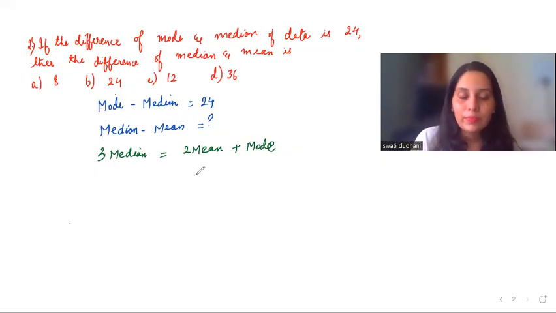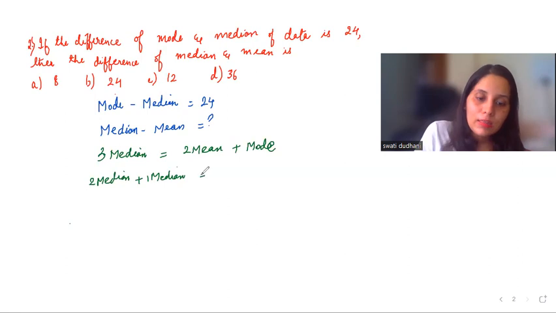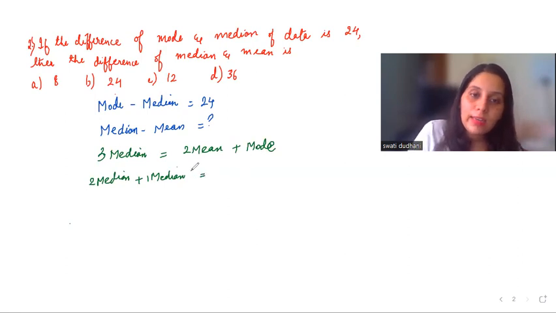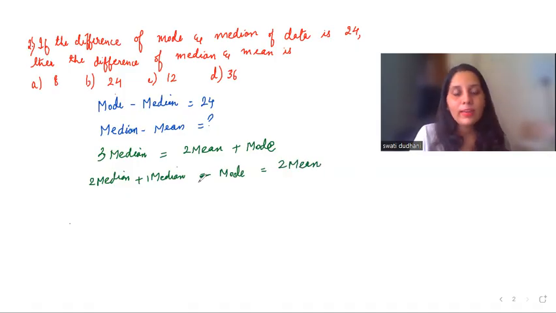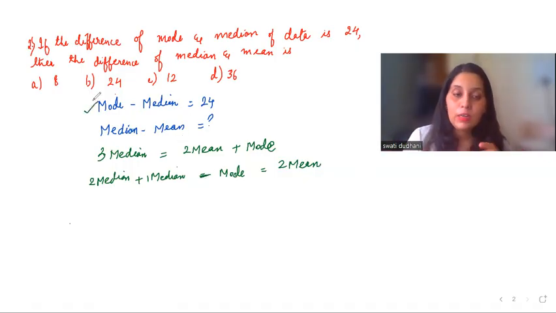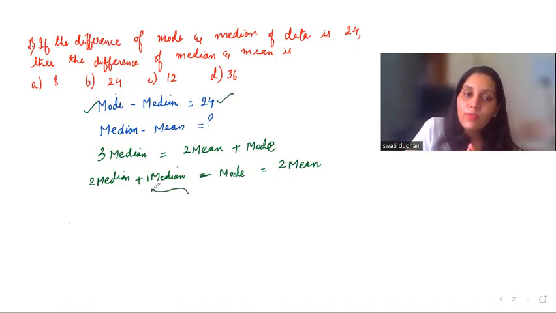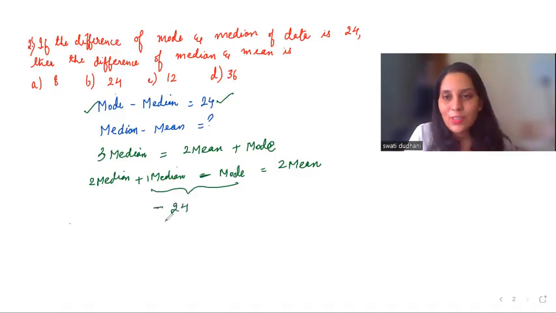Now here, I can split 3 median into 2 median plus 1 median is equal to, and here I can get the mode, minus mode is equal to 2 mean. Why did I do this? Because I'm given the condition of mode and median. Now mode minus median is 24, so if I want median minus mode, that should be minus 24.